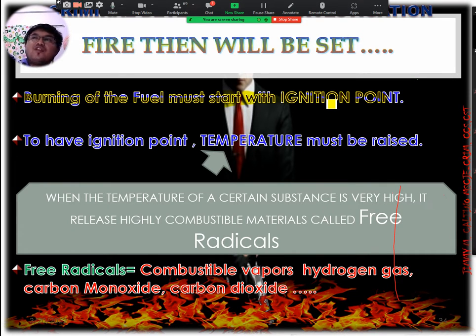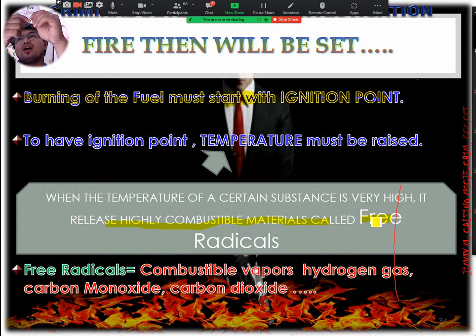Sabi na, I have here a fuel. Okay? I want to burn this one. So, dapat maabot niya yung ignition point niya. Paano? I will increase the temperature. Temperature must be raised. Yan, sabi dyan, when the temperature of a certain substance is very high, it can release highly combustible materials called free radicals.